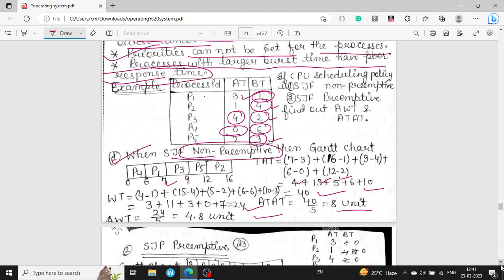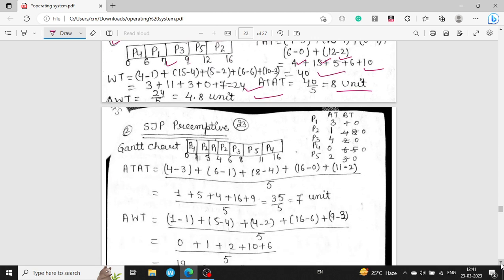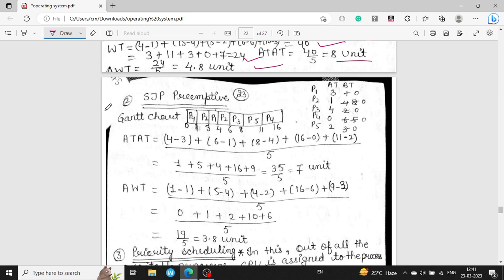Now the next case is shortest job first with the preemptive method. Now how do we make the Gantt chart? First of all, at 0 seconds P4 arrived. After P4 arriving, P2 arrived at 1 second, so that's why we write P2 here.